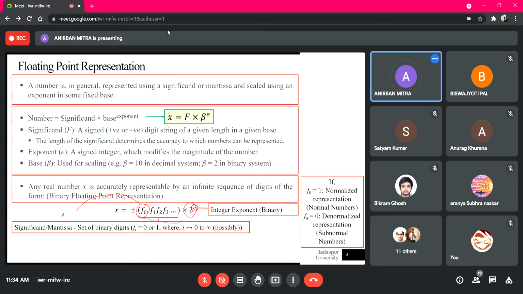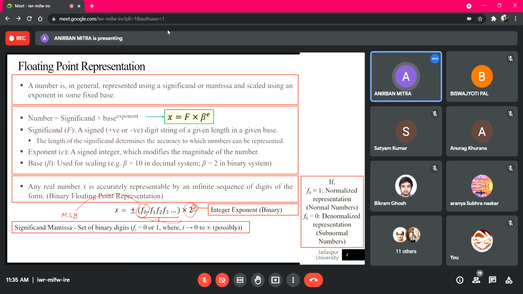In short, this is written as MSB, most significant bit. This most significant bit, which is to the left of the binary point, can have two possibilities. It can be 1 or it can be 0.